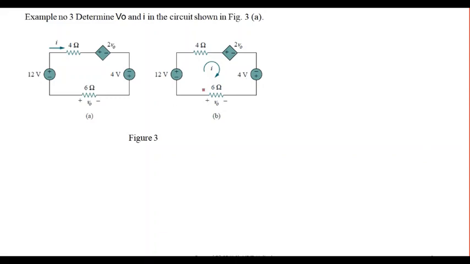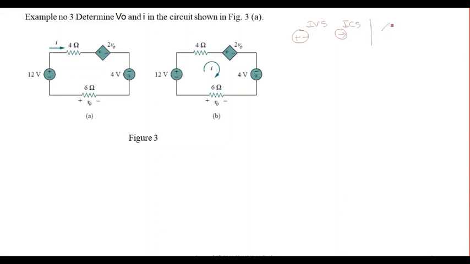If you just recall these representations, a circular symbol will be the independent voltage source, and if you consider an arrow, it will be an independent current source.